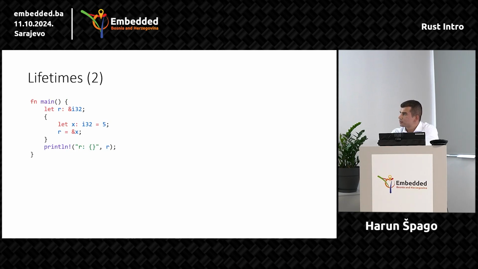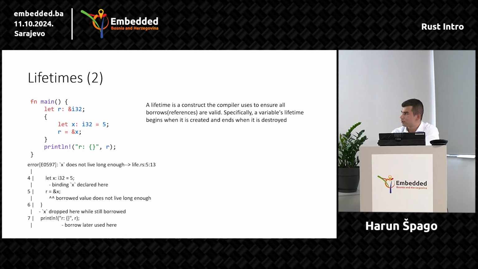But in Rust, this will not get compiled. I'm using references here because I can't use raw pointers in Rust. I do the same thing. I'm making a dangling reference this time, but I get an error. I mean, the error is pretty clear. X does not live long enough.